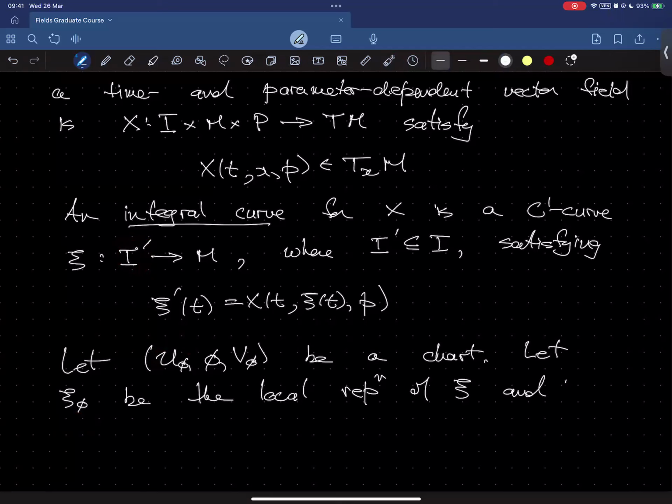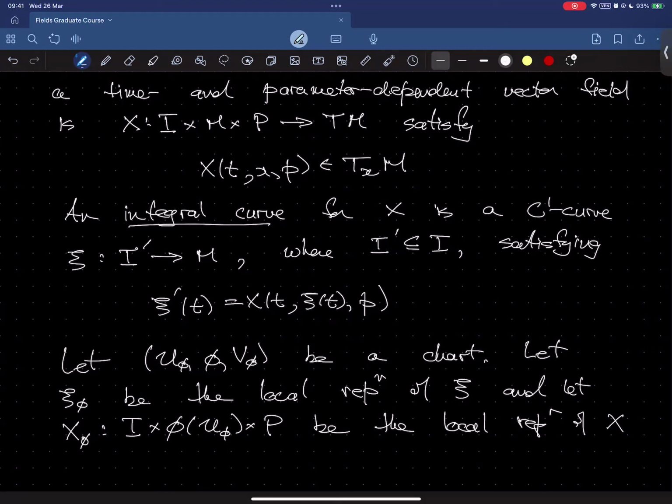And let x phi, okay, this is going to be a map from I cross phi of u phi cross p, be the local representative of x.